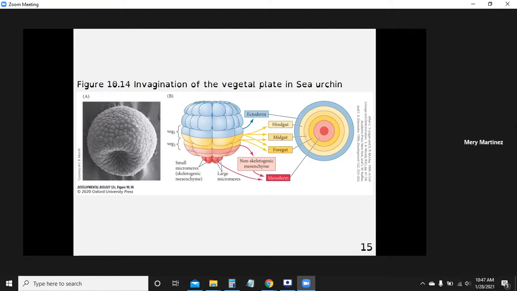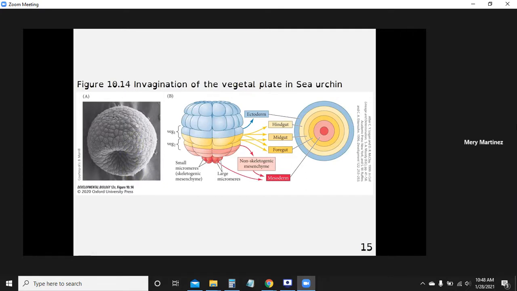So these are the yellow ones: darker yellow is foregut, medium yellow is midgut, and pale yellow is the hindgut, okay? And then we observe that veg 1 and veg 2, these two sections over here, help form the different parts of the digestive system as they start invaginating inside the blastocele.